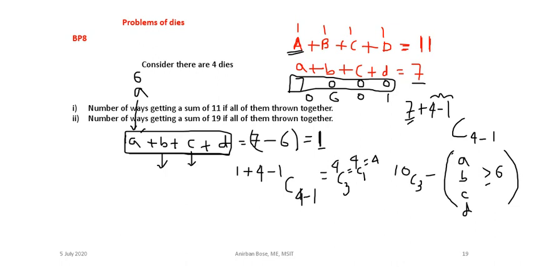So we have considered A only as 6. In a similar way we can consider B also 6, C also 6, and that means for each case we are going to get the 4 cases. So there are 4 compartments.